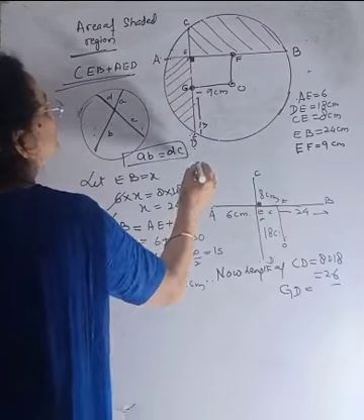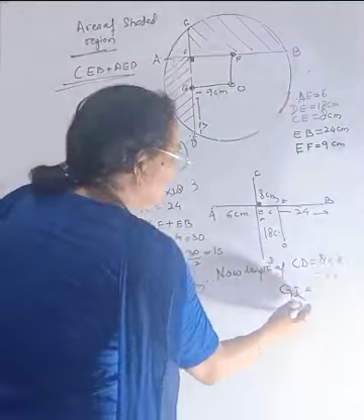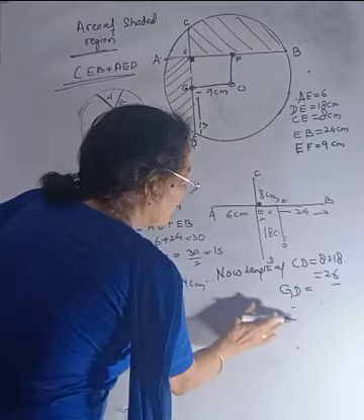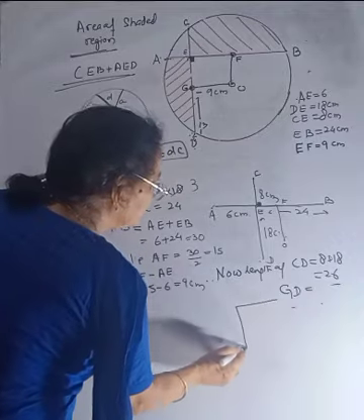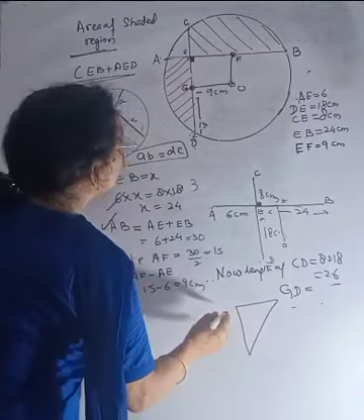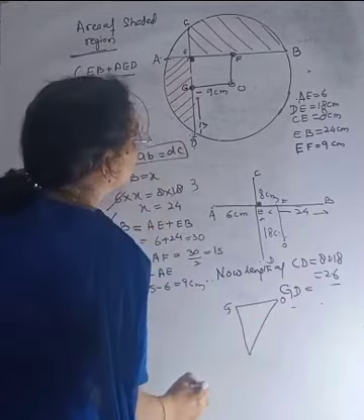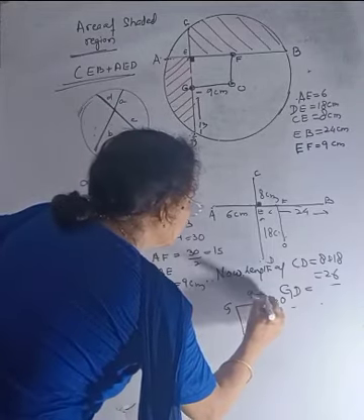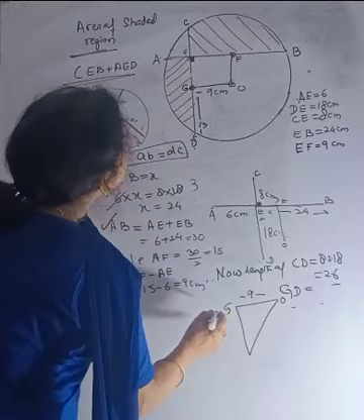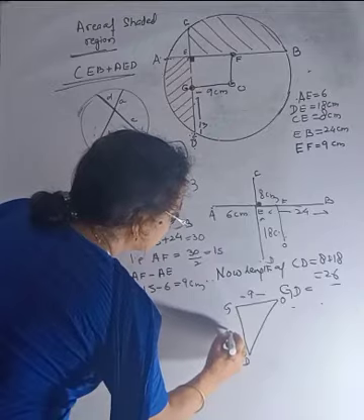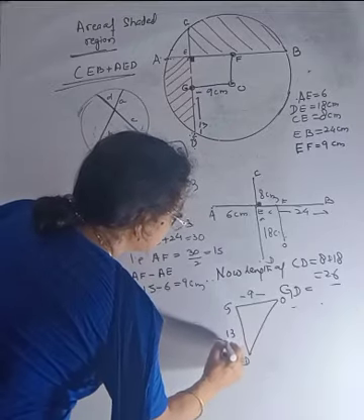Okay. It means we are having a triangle, this is the type of the triangle we are getting here. This is G point. This is center O. This was calculated as 9 centimeter. And this is D point, equal to 13 centimeter.